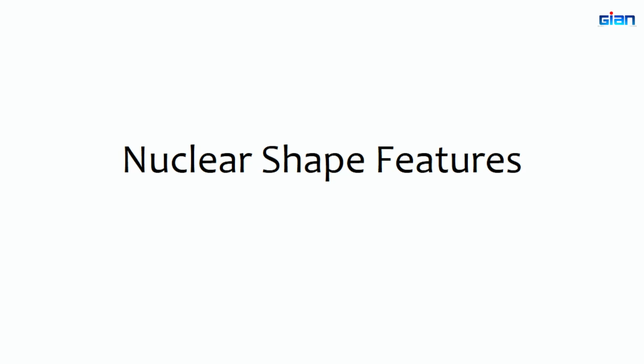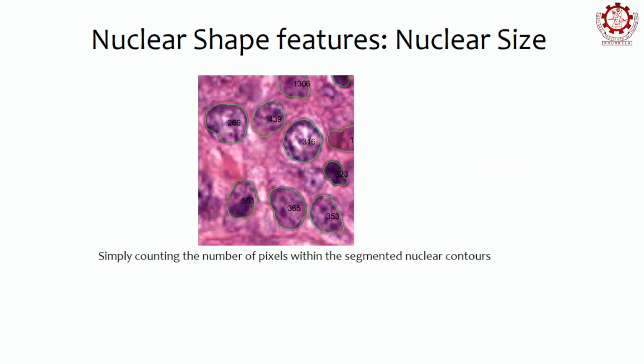So, let's go to the other feature, shape features. One of the simple shape-based features that you can compute is nuclear size. And how would you compute the nuclear size? First you have a deep learning method or some method to extract where the nuclei are, and then simply you compute the number of pixels.